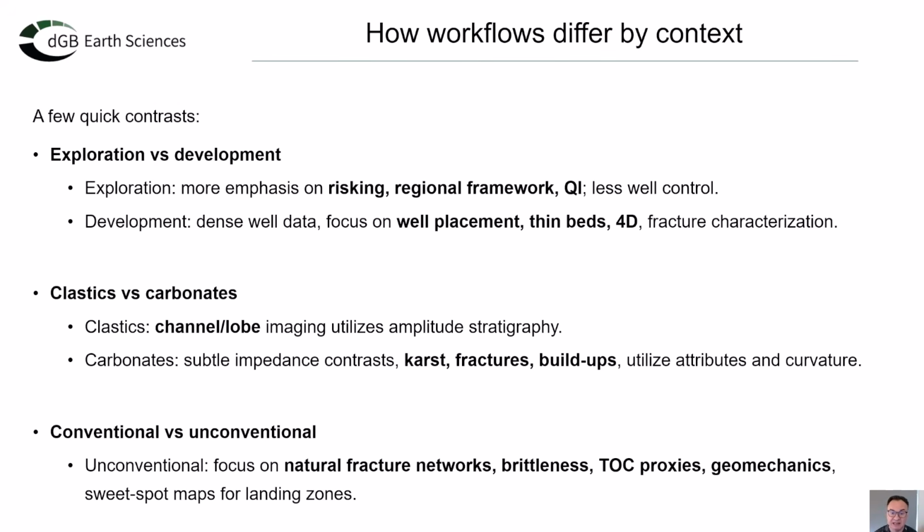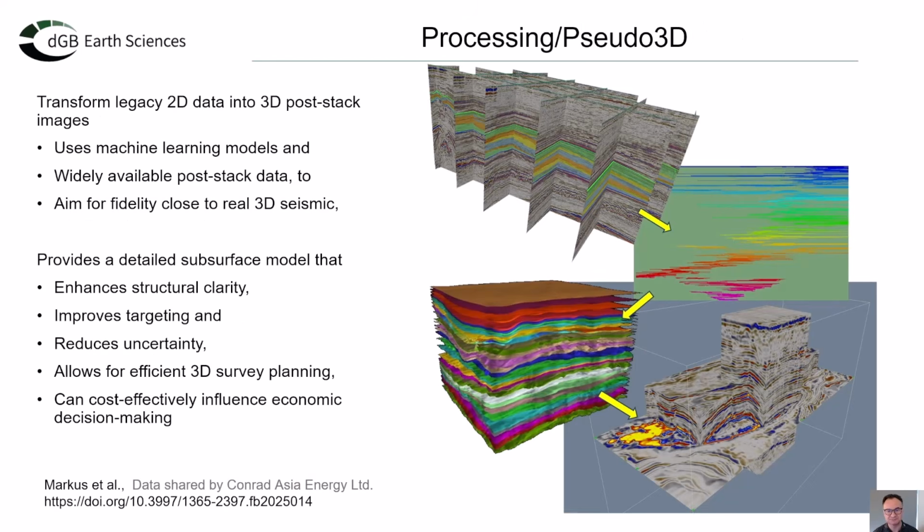Carbonates would be looking at subtle impedance contrasts, things like karst, fractures and buildups, and utilizing attributes and curvature for those sorts of things. And then conventional versus unconventional. Unconventional focuses on natural fracture networks, brittleness, looking for sweet spots for landing zones and this sort of thing. So depending on what we're doing, where we're doing it, and why we're doing it, we choose different workflows.